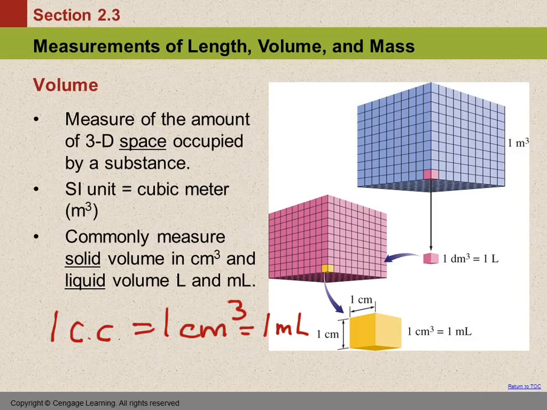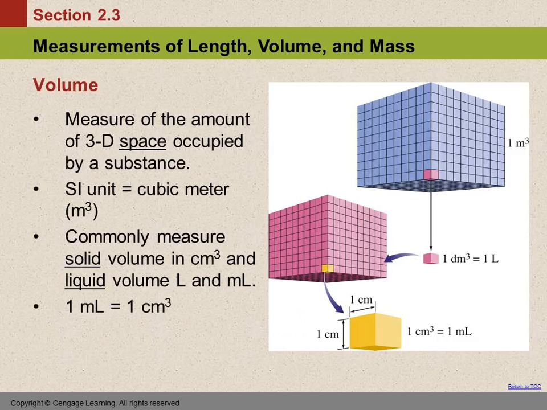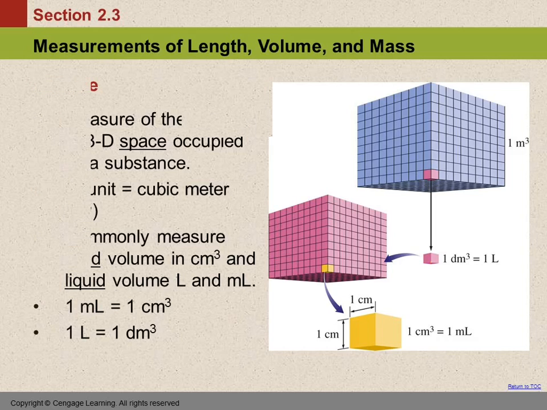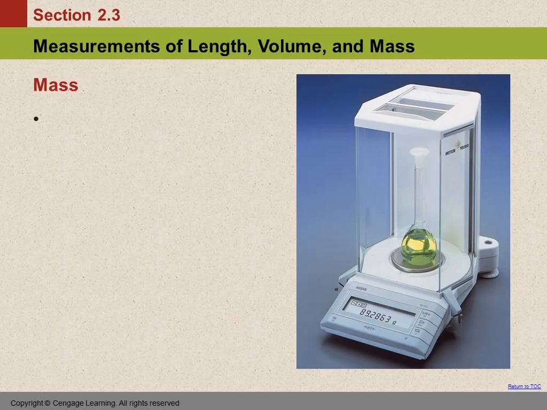A liter is close to the same size as a quart. So we use liters and milliliters for liquid volume, cubic centimeters typically for solid volumes. And a liter is the same as a cubic decimeter. We don't use that relationship much at all.